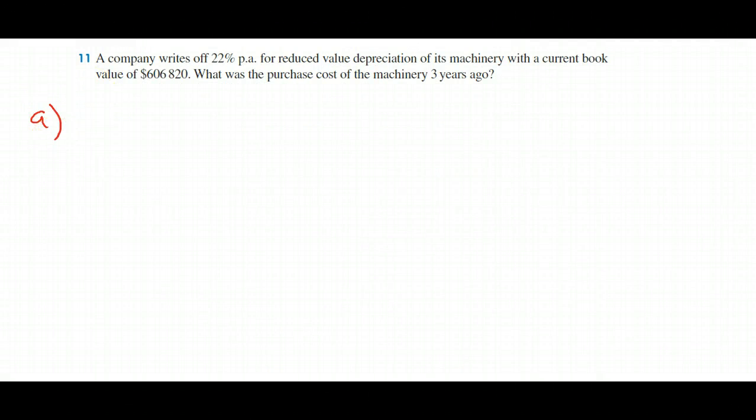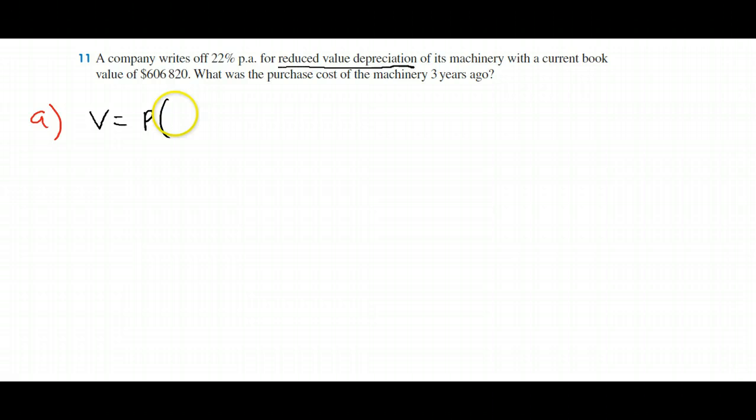Okay, in question 11 it says a company writes off 22% per annum for reduced value depreciation of its machinery with a current book value of $606,820. What was the purchase cost of the machinery 3 years ago? Okay, so if it's reduced value, I think that is supposed to mean reducing balance, so we'll use our reducing balance equation.